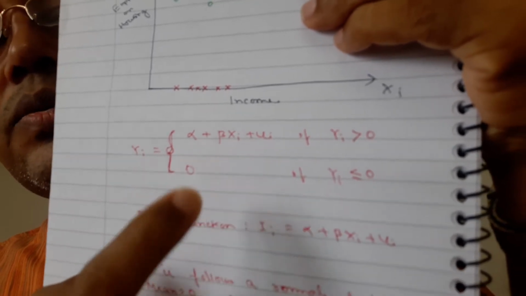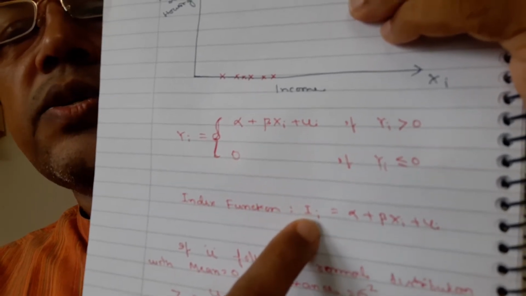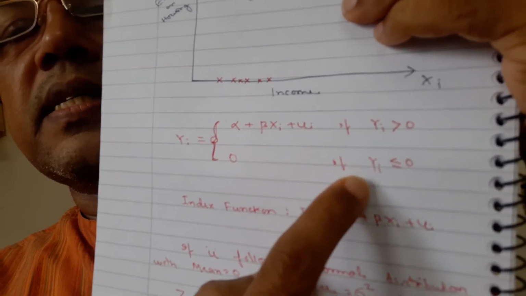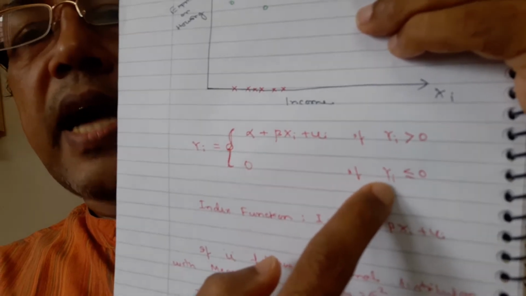So you can think of some latent index like Ii. When this Ii is below some threshold value, the actual spending is 0, it cannot be negative, so in that case yi takes the value of 0, and when it is positive it is equal to that positive amount of spending.